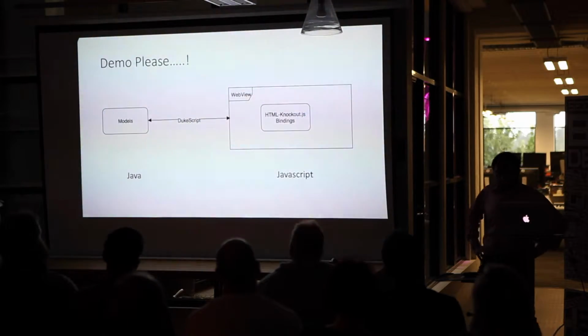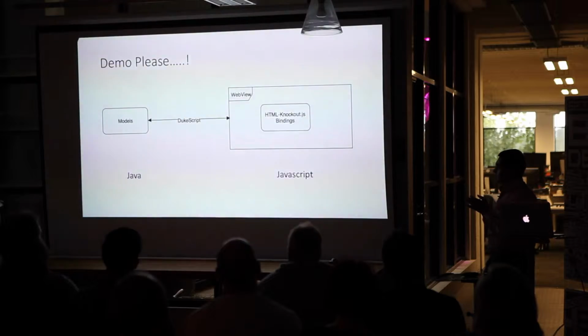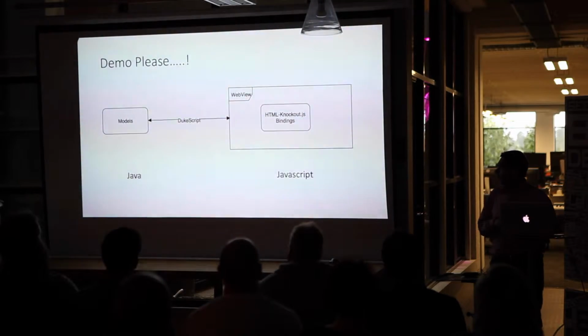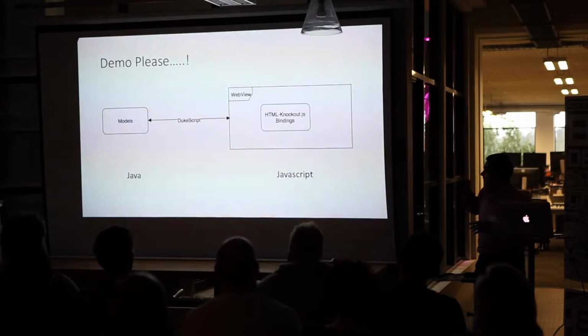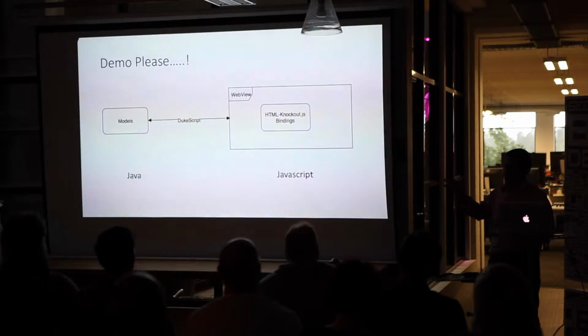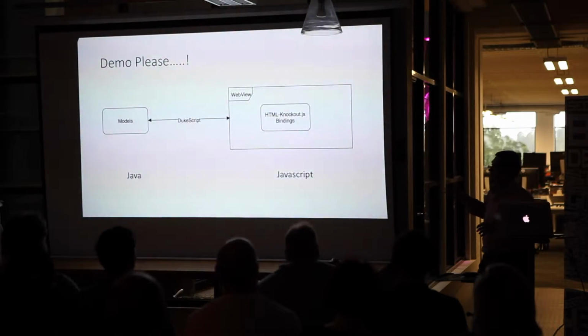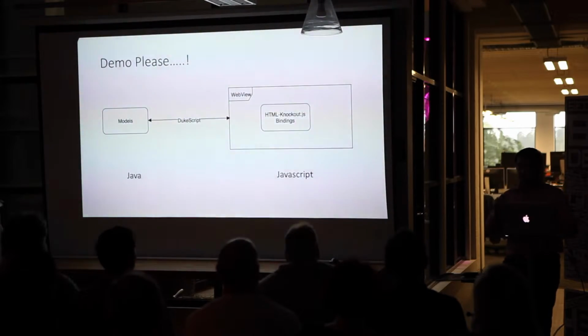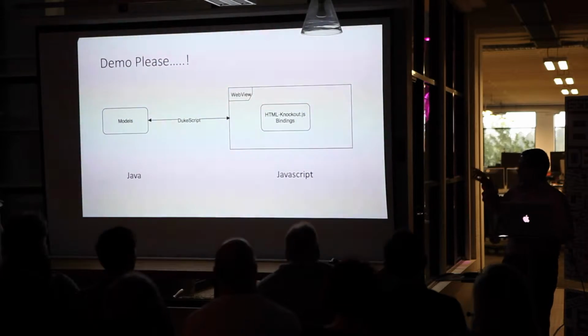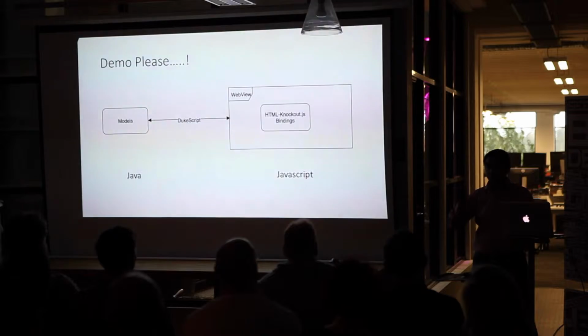The models which represent the data and the functions are written in Java itself, and at runtime the same Java code, the data, gets bound to the HTML page which is displayed inside a web view component, and that's the key factor of DukeScript. It basically uses a web view component which is available for Android, for iOS, and also on the browsers, and that web view is displayed inside a browser window.